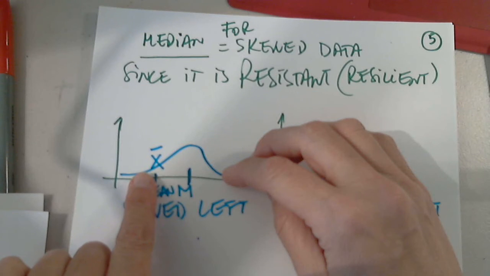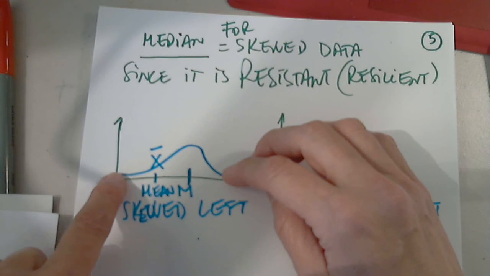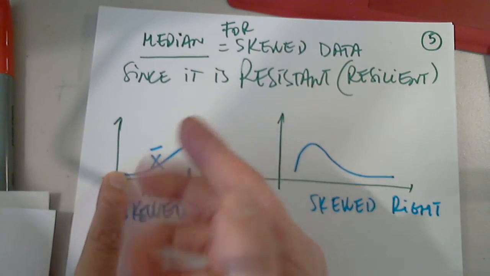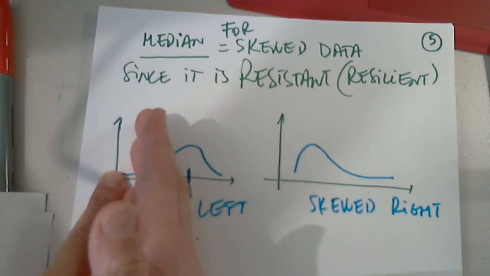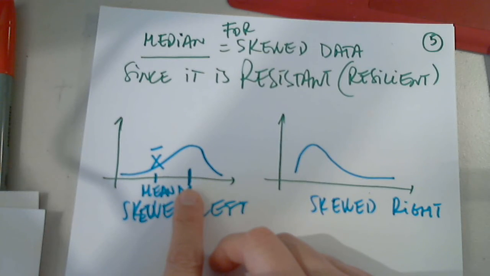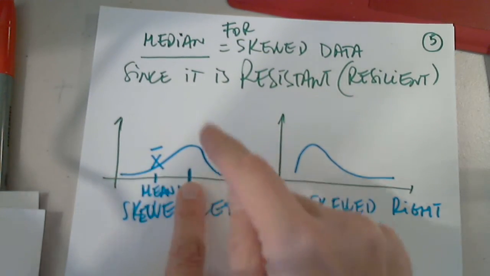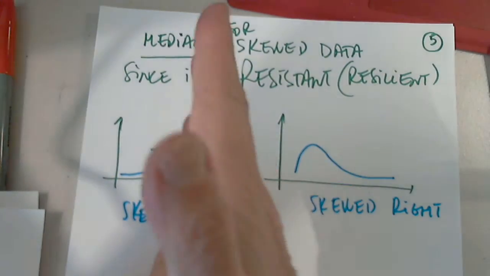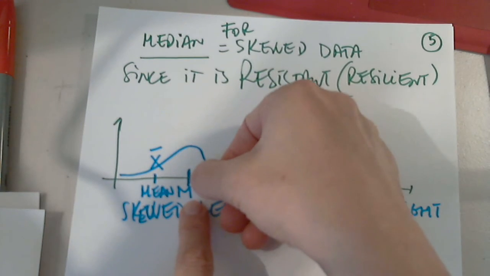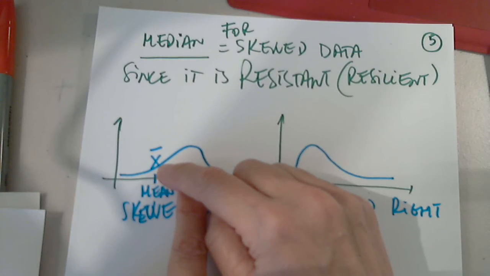It means that the lower entries I have here will make the mean move that way, but not the median. Because adding one more or two more low entries will not change the center of the data set, slightly if you want, just one spot to the left. But the mean will be highly affected.